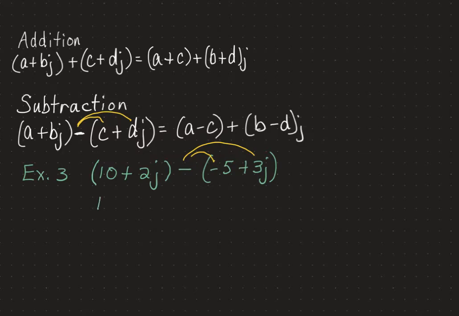So we will now have 10 plus 2j plus 5, but minus 3j. Now we can combine like terms. 10 plus 5 gives us 15 for the real part, and 2j minus 3j will give us minus 1j. There's our answer. It is a complex number.